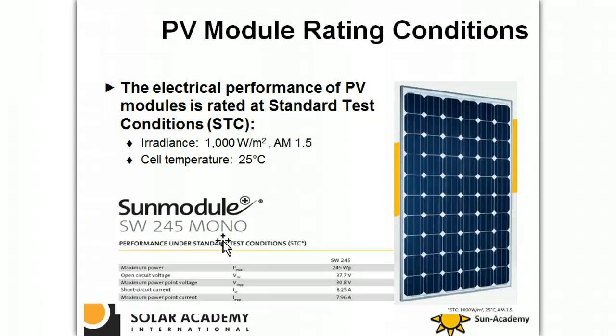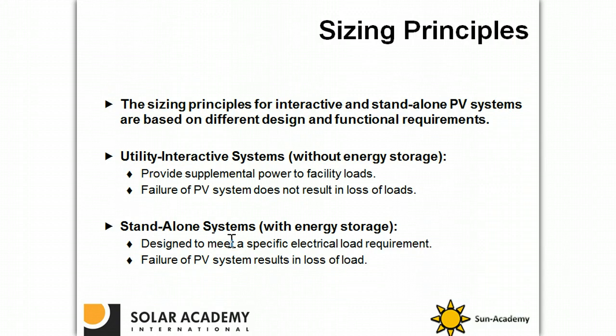In order to compare solar modules, the standard test condition, STC, is the universal rating condition for PV modules and arrays and specifies a solar irradiance level of 1000 watts per meter squared, an air mass of 1.5 spectral distribution, operating at 25 degrees cell temperature.